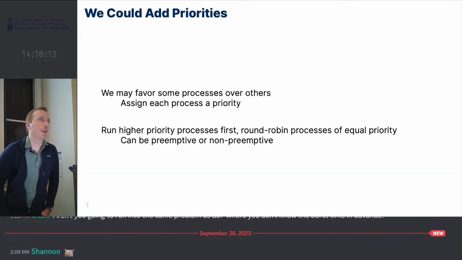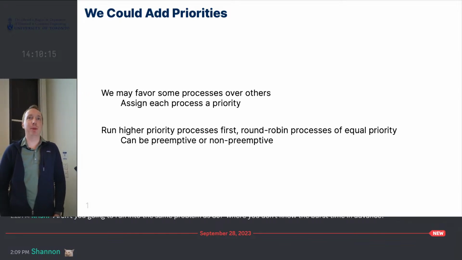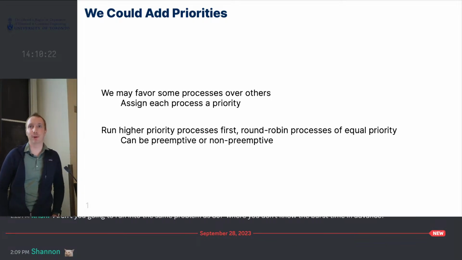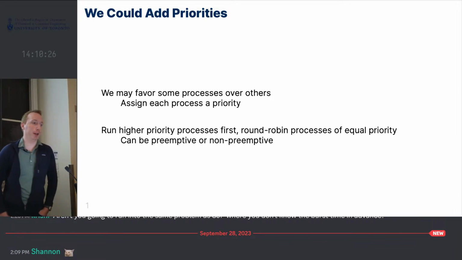Something we didn't talk about yesterday that might be your first tweak is that some processes are more important than other processes. You've probably heard the term priorities before. You can schedule with priorities.